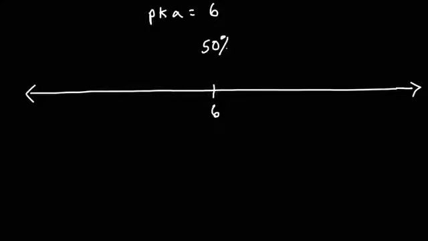So 50% will be base, and 50% will be the weak acid HA. Under those conditions, the pH will equal the pKa. So we can describe that as a percentage, or we could say we have a 1 molar solution of the conjugate base and a 1 molar solution of the conjugate acid.